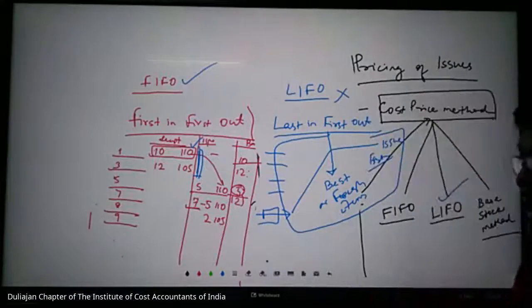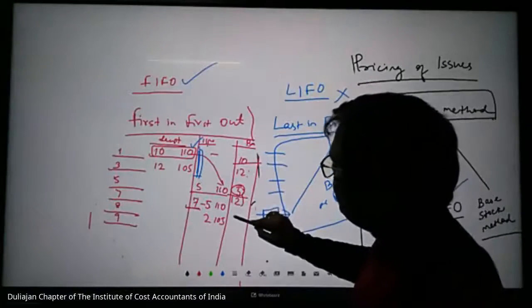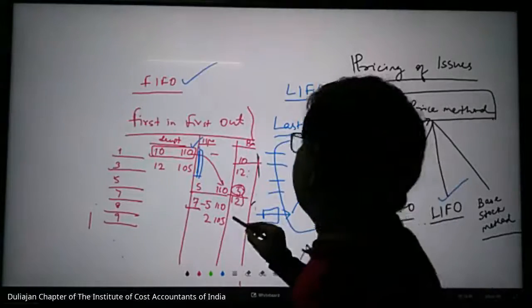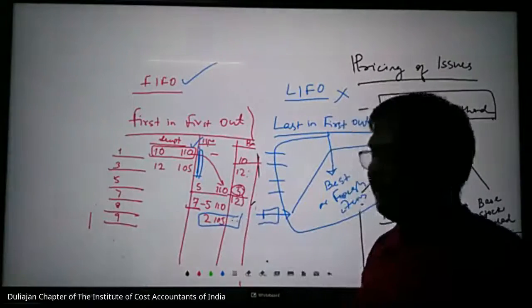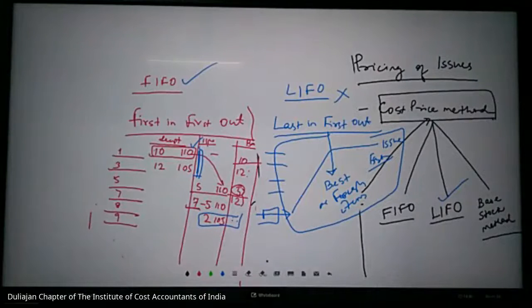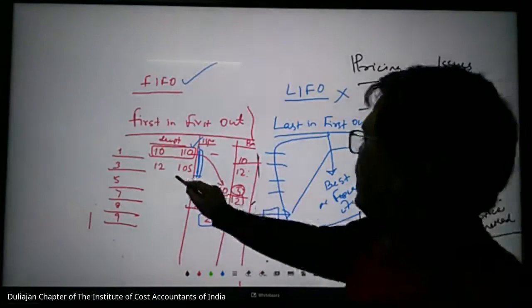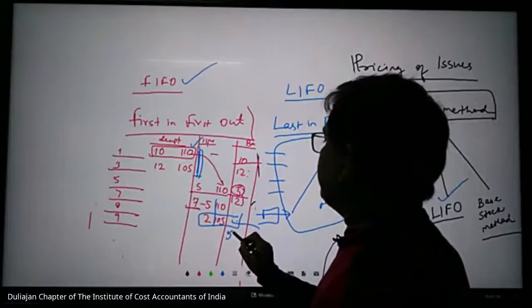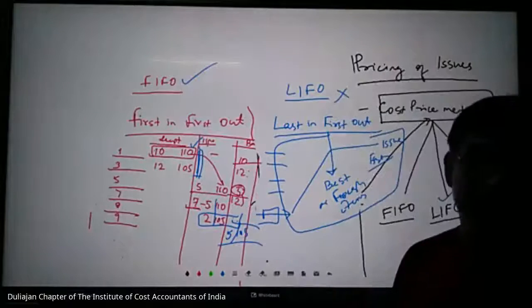And here, whatever stock remains with you, like I have remaining at the latest market price. The stock whatever is remaining with me after this 7 is issued, like I have got 5 stocks at the rate of 105. So this is at the market price.